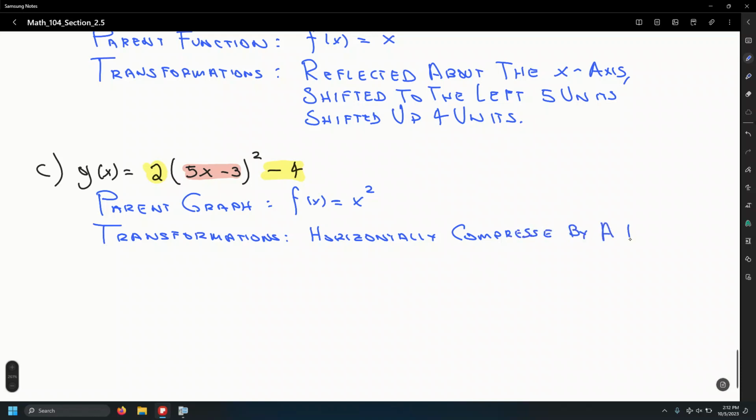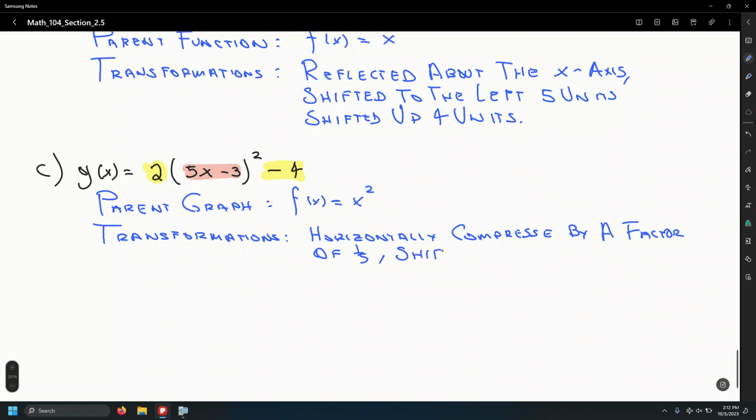by a factor of 1/5, right? Because here is the thing, we're going to divide the x coordinates by 5, or multiply them by 1/5, which is the same thing. And then what's next?